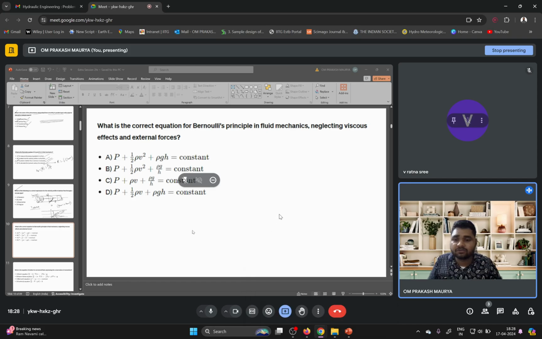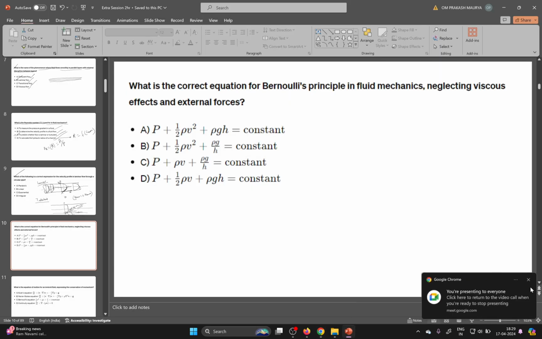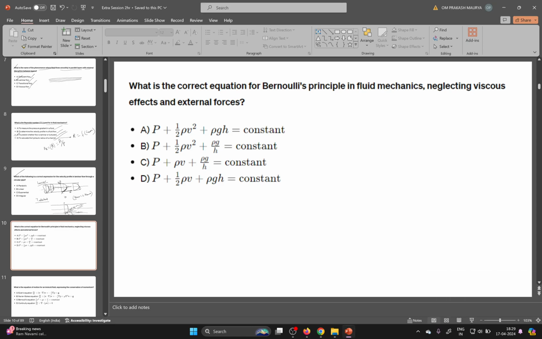Okay, next question is: what is the correct equation for the Bernoulli principle in fluid mechanics, neglecting viscous effects and external forces? Your first option is P plus half rho V square plus rho g h.